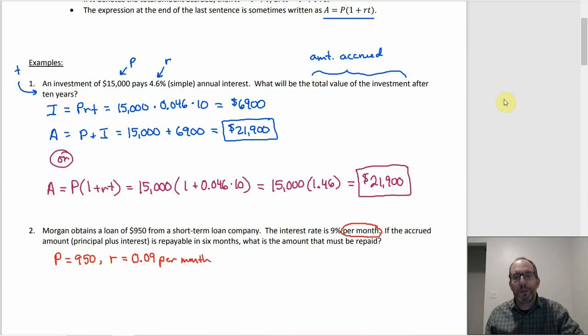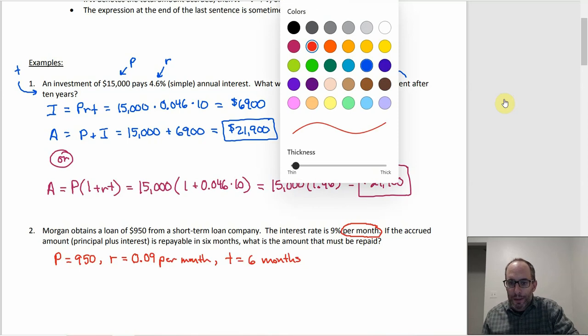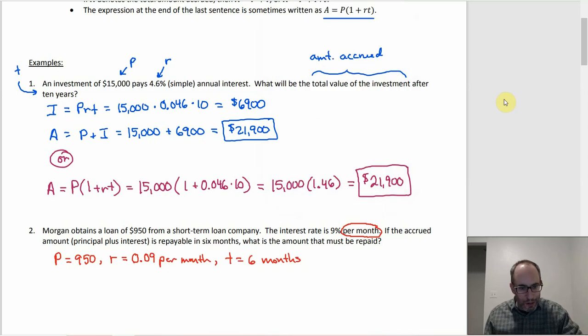And I'm just writing out the month just to double check and make sure everything matches up, that then the time is also in months. But it is. It says it's repayable in 6 months. So then T is 6 months. All right. So then it looks like we're good to go here. We've got the rate in months, and then we've got the time in months. So they got the same units. That's the thing that we had to check for.